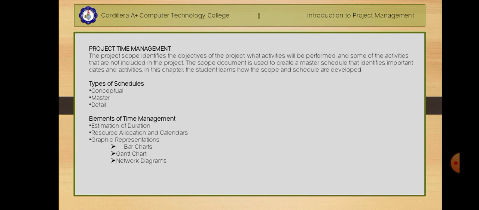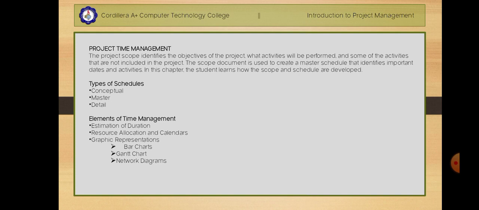Okay? Changes to the master schedule must be approved using a documented change process, with approval by the project sponsor and client. So in case there are changes to the project, they should be approved using documented change processes, with documents that need to be processed before the changes are approved.